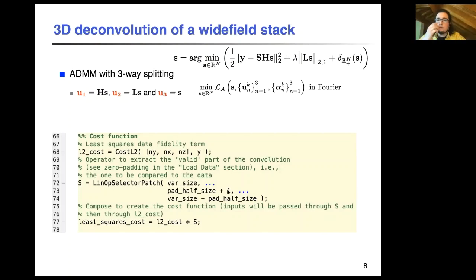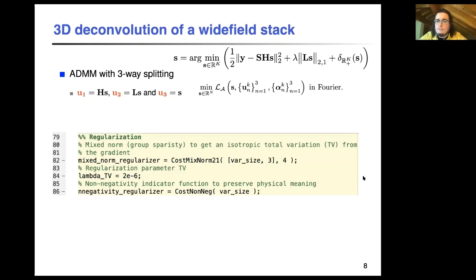You can look through the code later, which will be provided. Then you compose both by simply stating that the least squares cost is the composition, or the product, between these two objects. When you evaluate this function, whatever you give it is first passed through S and then through the L2 cost.